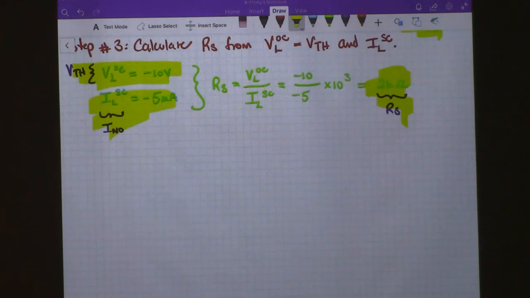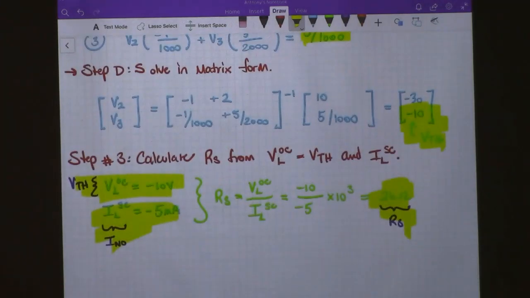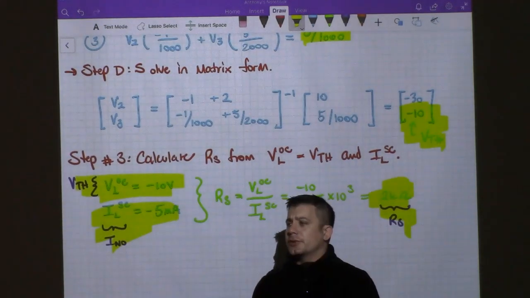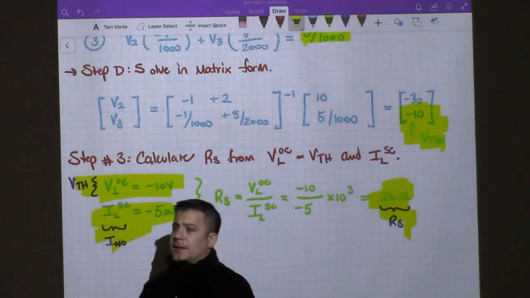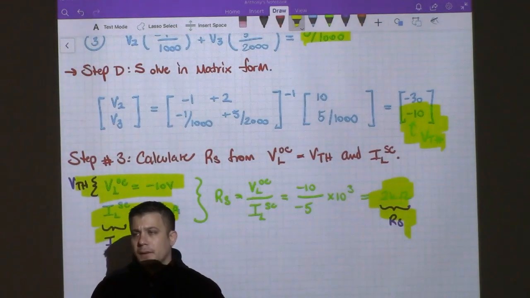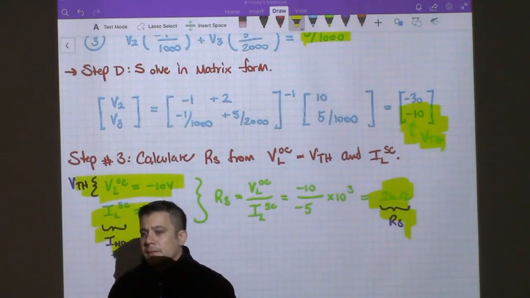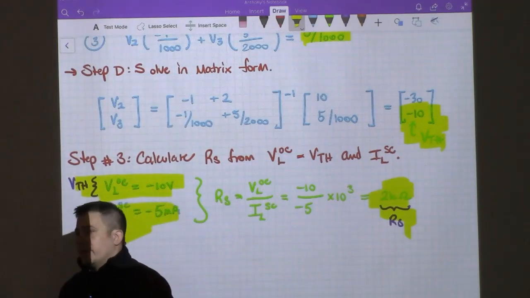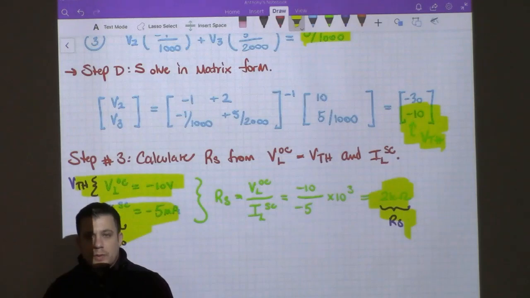So that's how we solve for the Thevenin equivalent or the Norton equivalent for a circuit with independent and dependent sources. It requires a decent amount of work because you have to run the nodal analysis or mesh analysis twice.